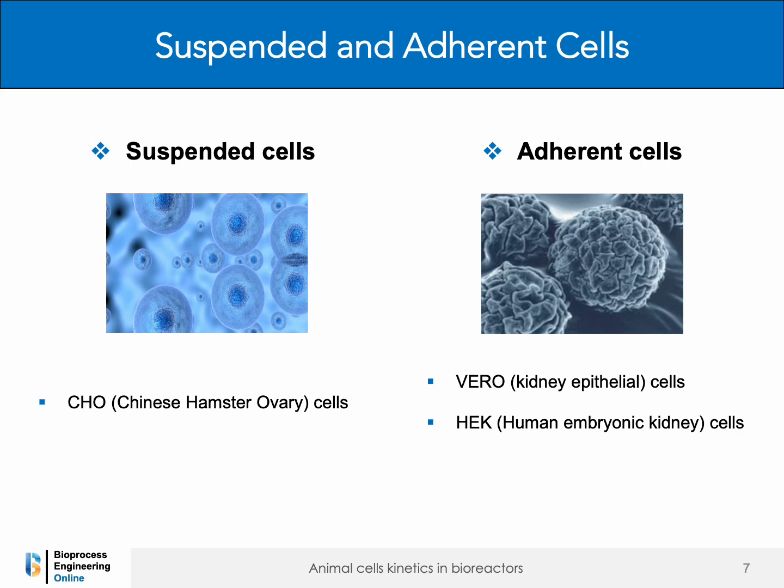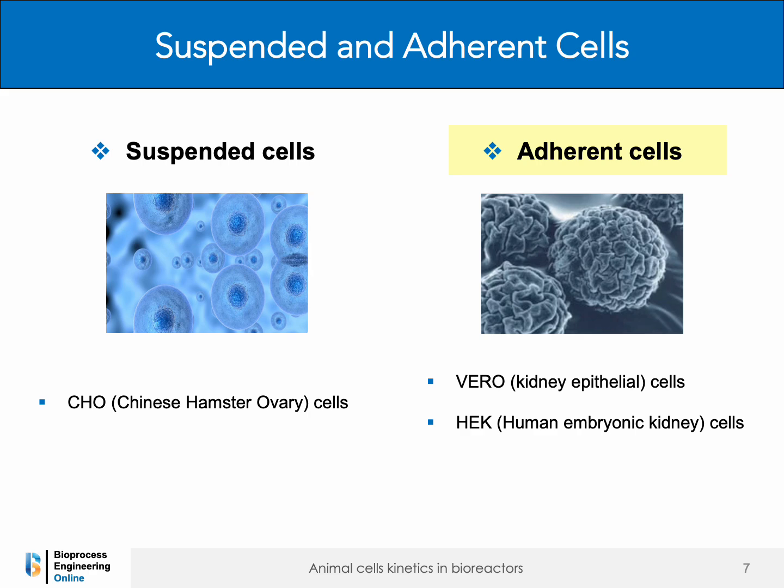Animal cells can be cultivated in bioreactors using two main growth modes. The first is suspension culture, where cells grow freely in the liquid medium. A well-known example is Chinese hamster ovary, or CHO cells, which are the industry standard for producing recombinant glycoproteins, including monoclonal antibodies.